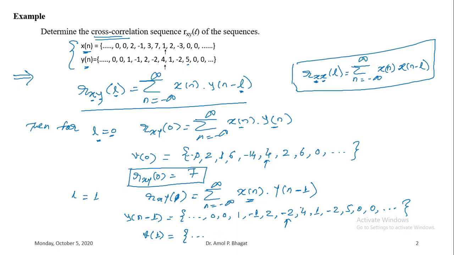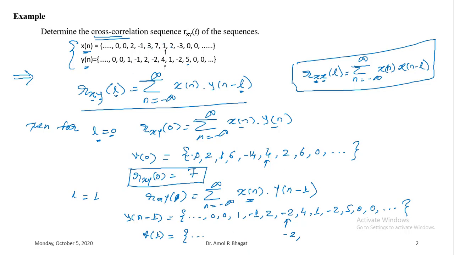That product sequence can again be identified by multiplying x of n with y of n minus 1. So x of n is the same sequence. At origin the value is 1 here. In this case, at origin the value is minus 2. So minus 2 multiplied by 1 will be minus 2, right? Comma.